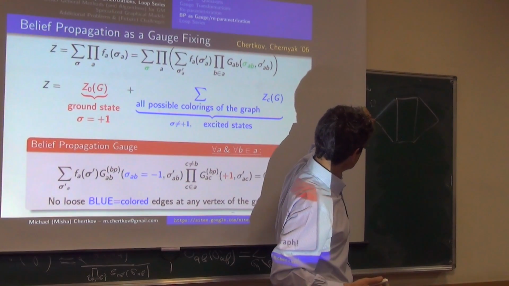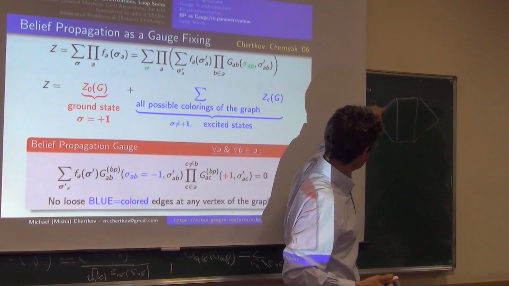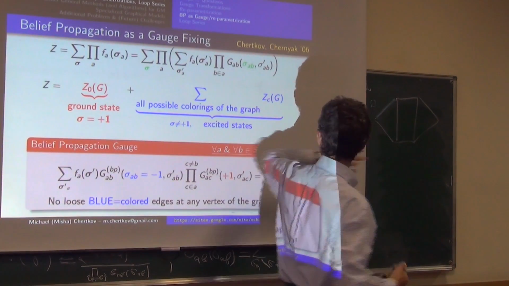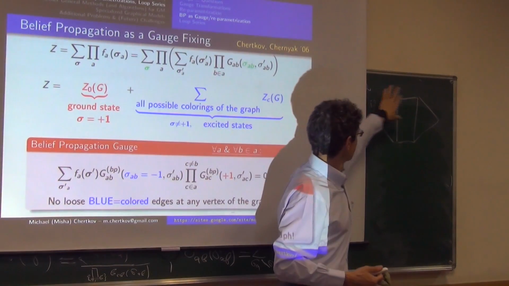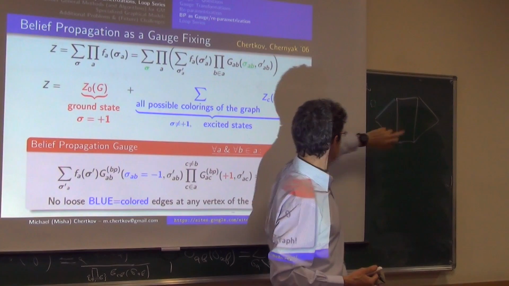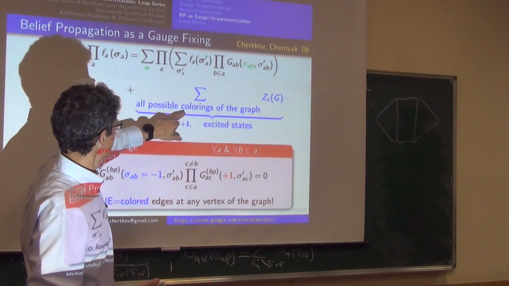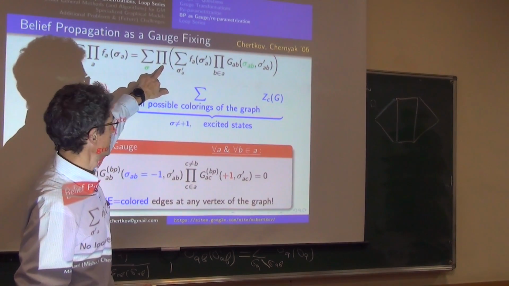Why? Because if I go from this vertex and check this formula, I immediately get that, never mind what, for each of these contributions, the expression under this sum will be a product of local terms, right?